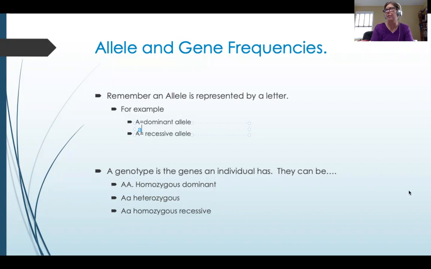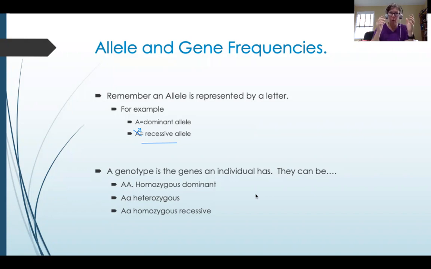Okay, not big A. Get rid of that. All right, little a is the recessive. When we talk about a genotype, remember, genotype means you have two alleles, one from mom, one from dad.